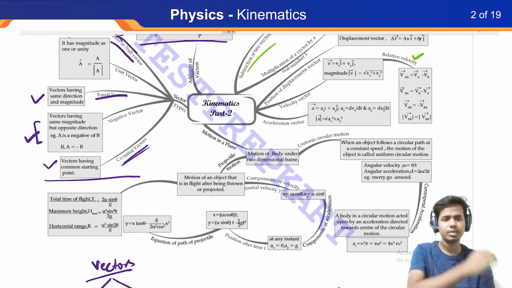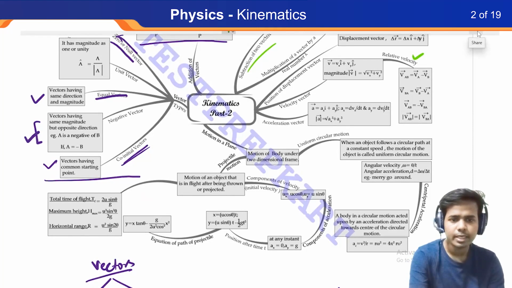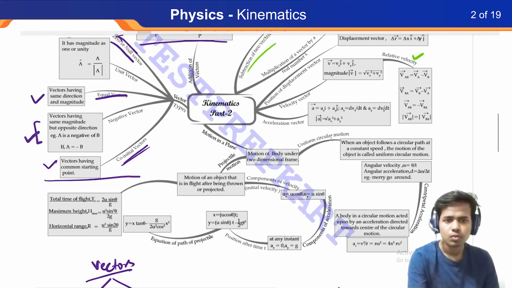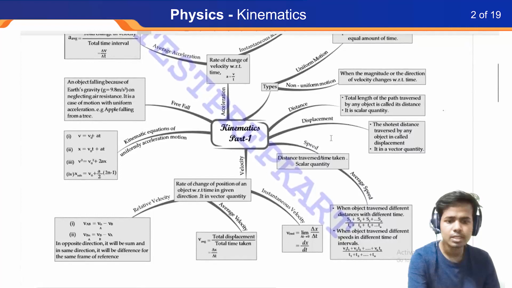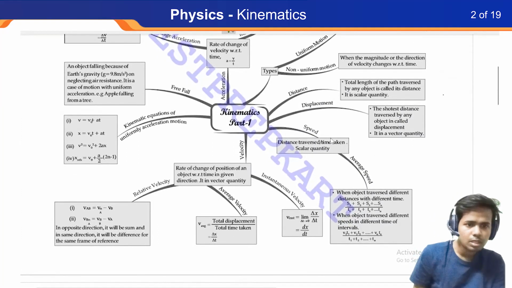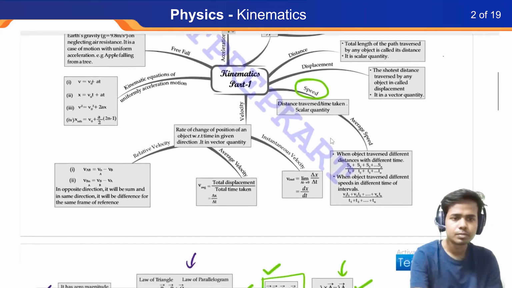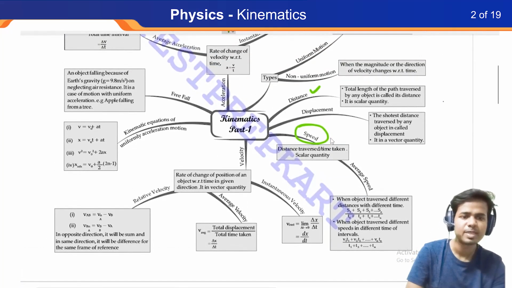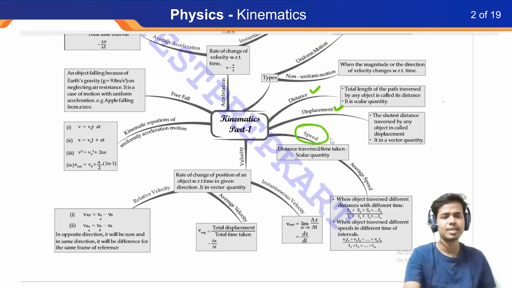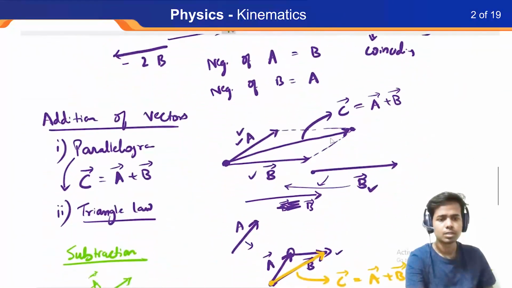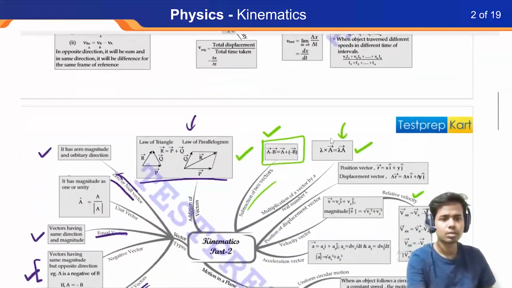So kinematics. First of all, in the kinematics part, what we'll be dealing with is maybe speed. All right. Or maybe distance and displacement first.